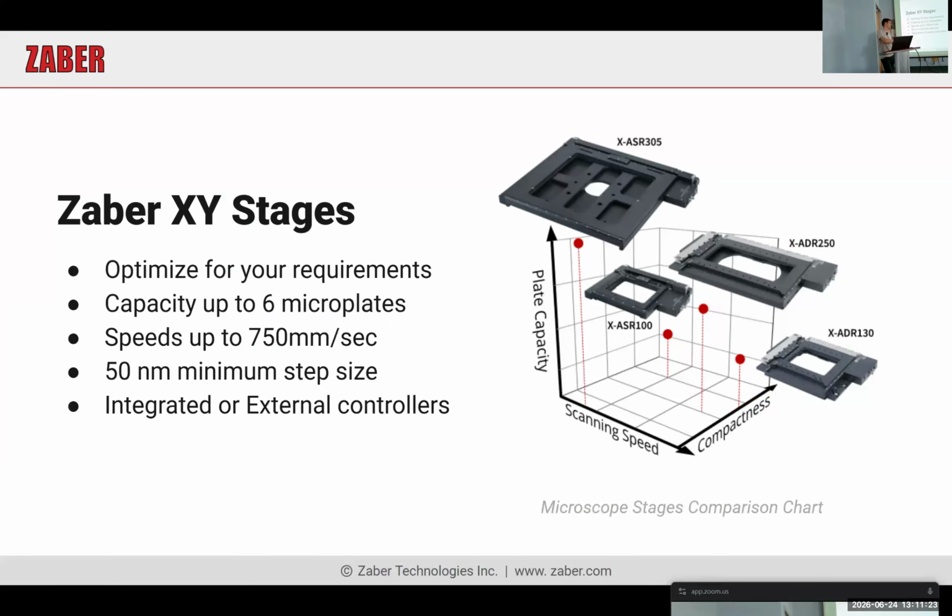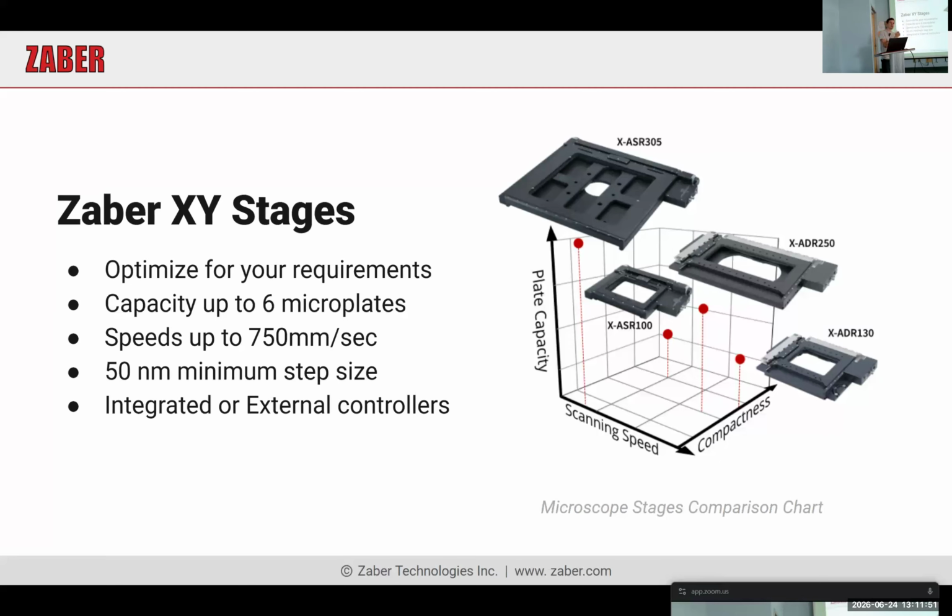The XY stages, just on their own, depending on your need for accuracy, resolution, speed, and size, we've got a range. As a rule of thumb, the stepper motor stages are less expensive and quite good.